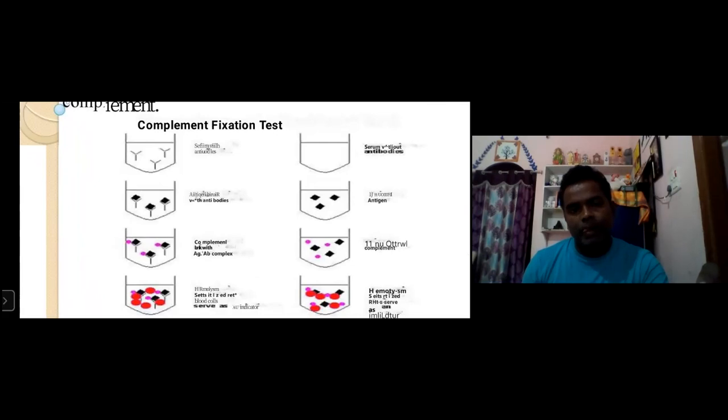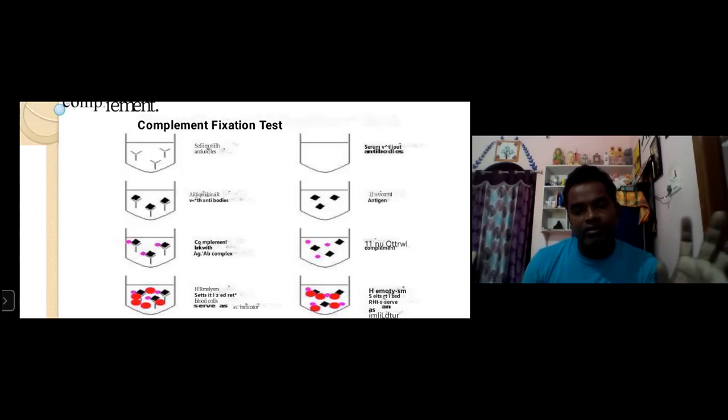These are the antigens, the black spots, and these Y-shaped ones are the antibodies. Both are mixed in the serum.